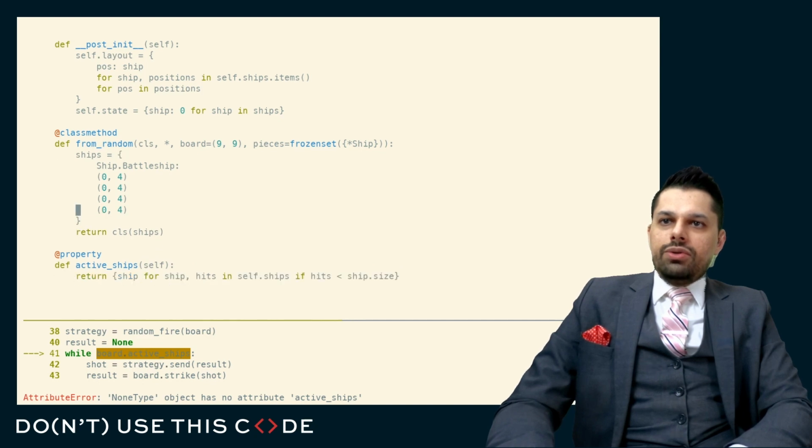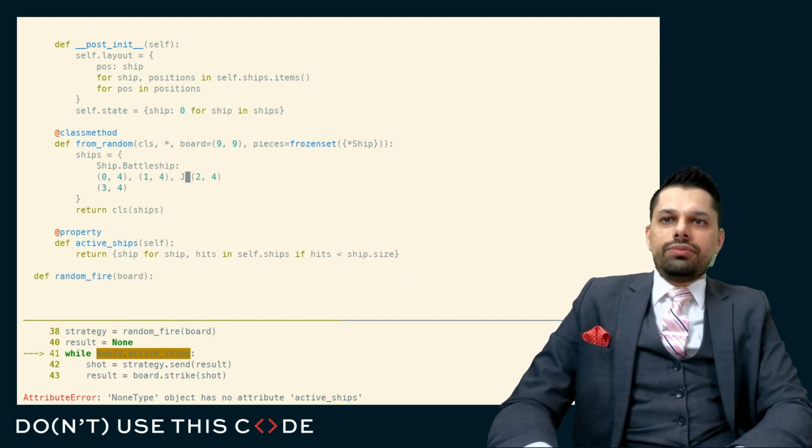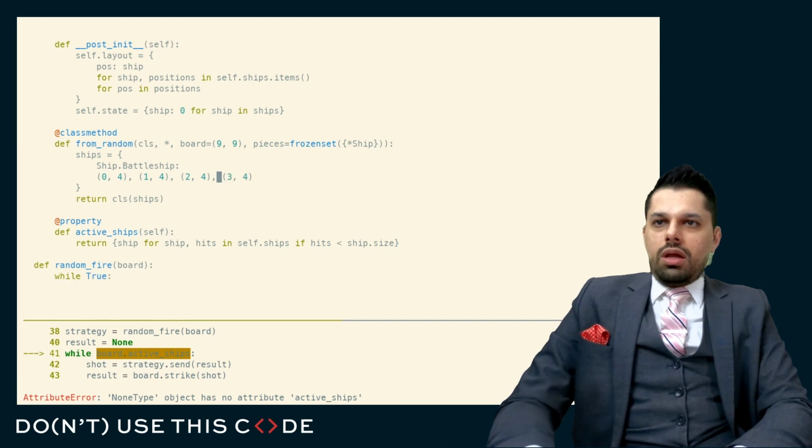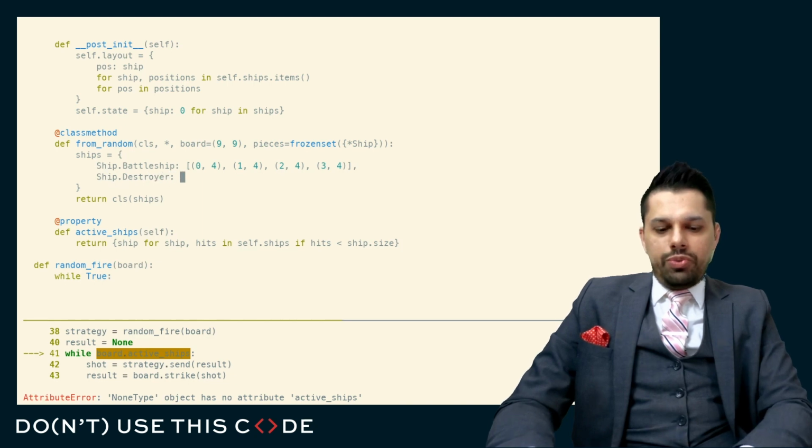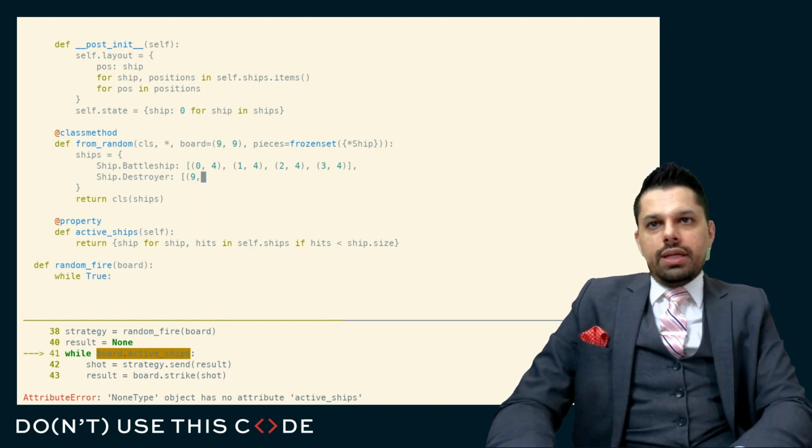So here we go. Let's put this in the upper corner, and let's put another piece in a lower corner. And so we'll put the destroyer, I believe that's the other piece we have. And this is pretty small, so we'll put this at 9, 8, and 9, 9.